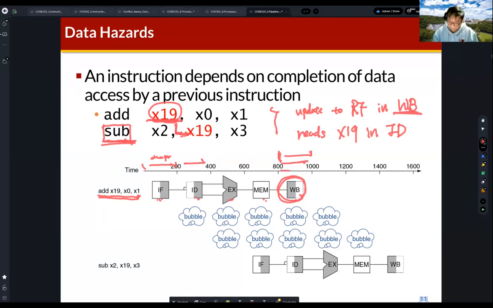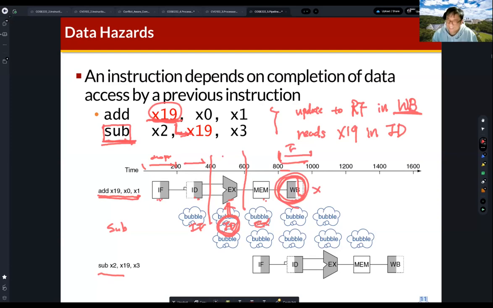Okay. Then if the sub instruction is here, in instruction fetch and ID, and then execution, the sub instruction reads the register in this time. What's the problem? It's not updated yet. This is the future.